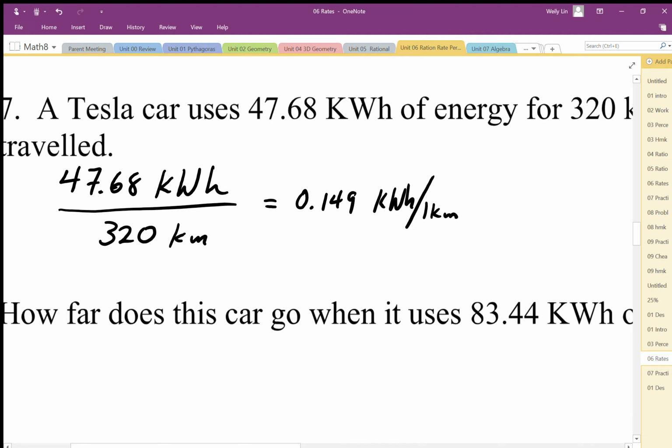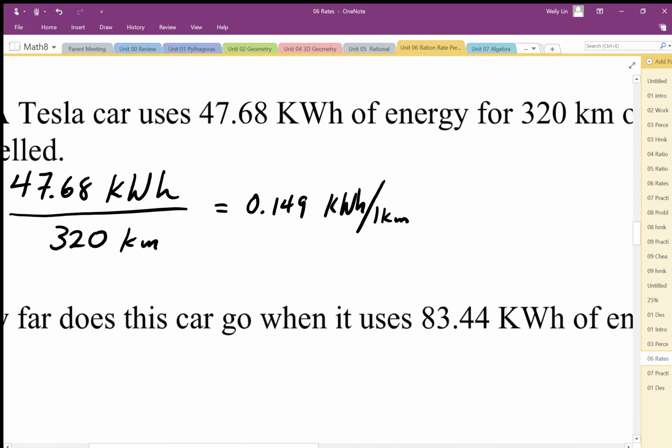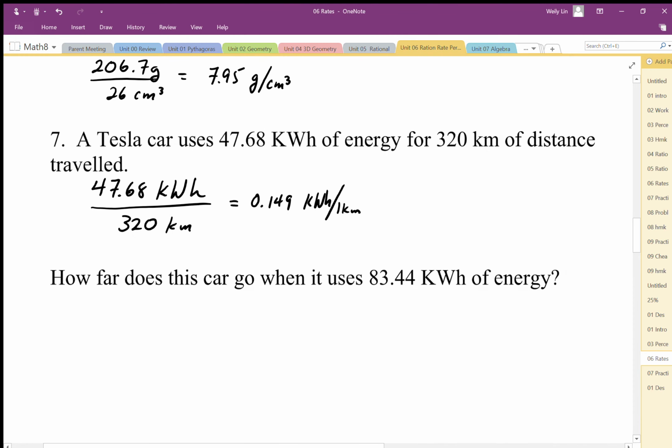That is the rate at which we use energy for each kilometer. Now we can also flip this around to get the rate for the number of kilometers that we get for 1 kilowatt hour. So we can flip this ratio to compare kilometers on top, kilowatt hours on the bottom.